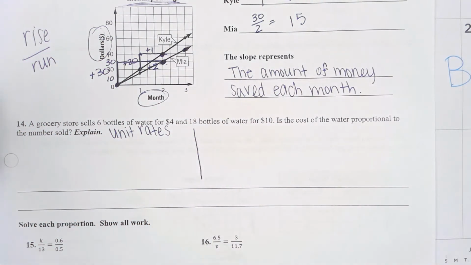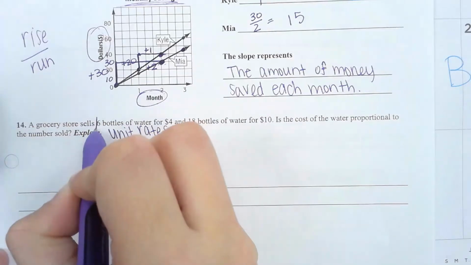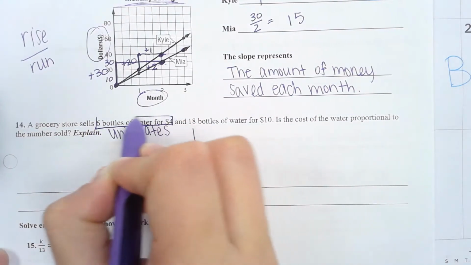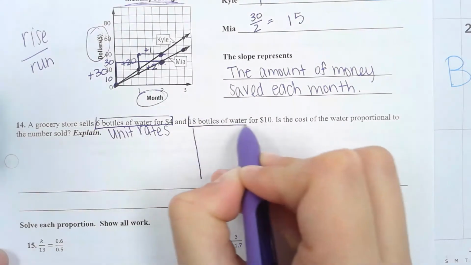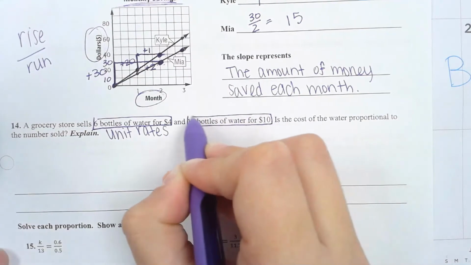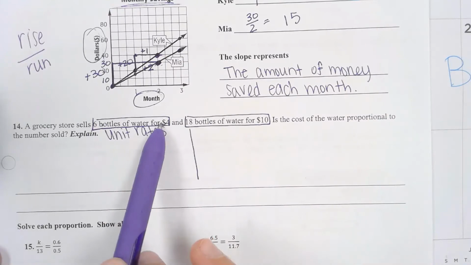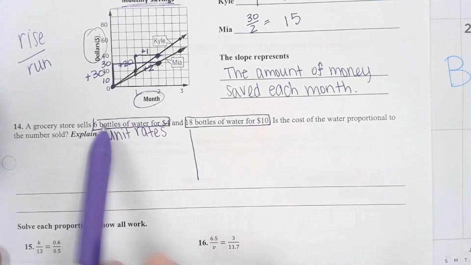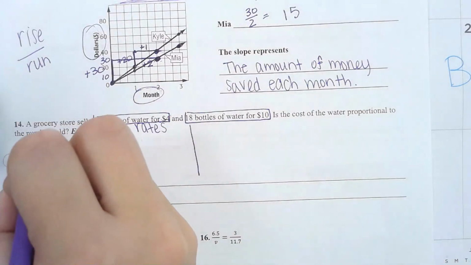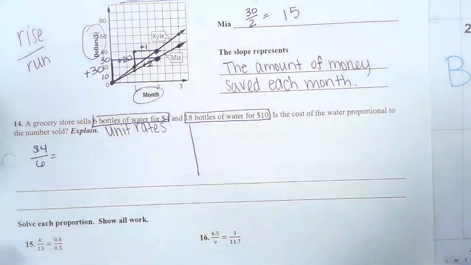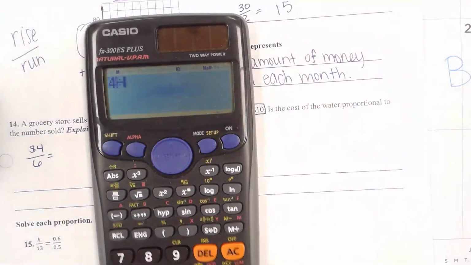So one thing that I can do is I can look at my two set of numbers here that I have, and I can find the unit rate of each one. So again, if we're talking about cost and the amount of something, the cost depends on the amount, so I'm going to take that $4 divided by 6, and then find the unit rate by dividing.